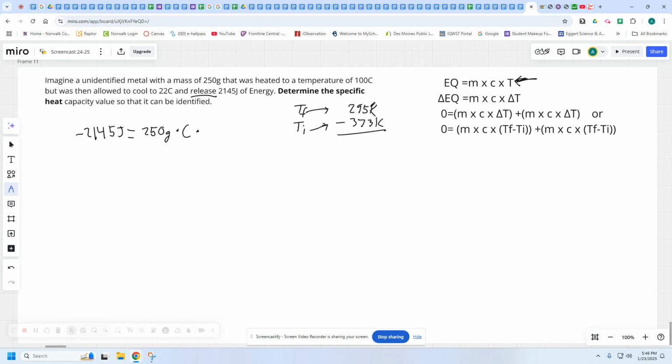So I stacked my final temperature at 295 because the metal has decreased temp. It's going to be less. And then the initial temp at 373 Kelvin, and that's more because of the whole process of it cooling down. So if I subtract those two, I should get a negative 22 Kelvin. And if you did this with the Celsius, you'll see the same thing when you subtract the 22 degrees Celsius from the 100 degrees Celsius.